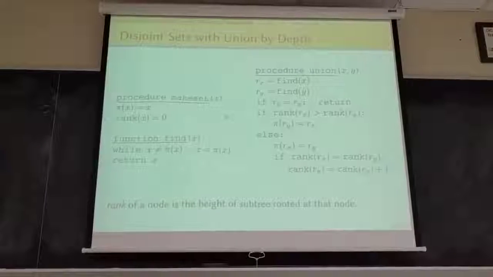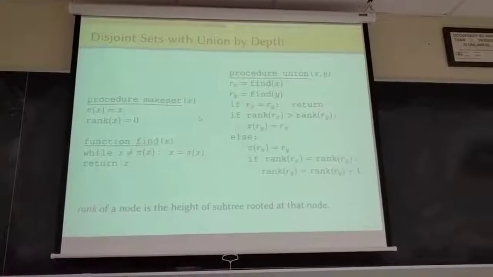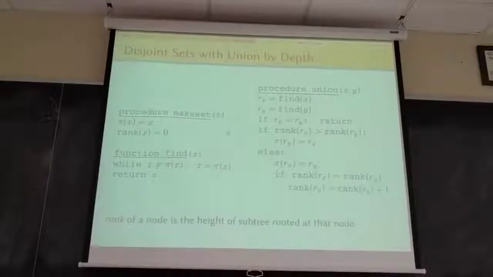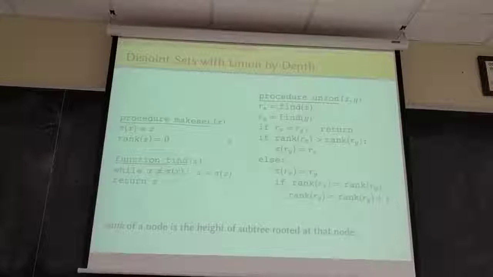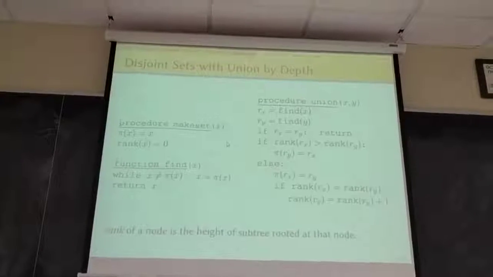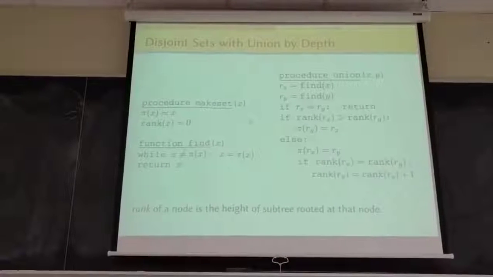So now I claim that the tree, now what do you think is going to be the amortized cost with this modification?